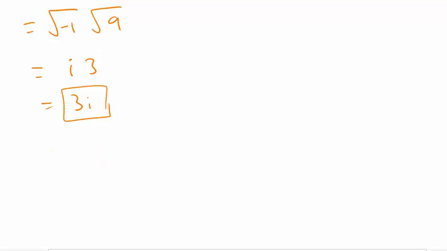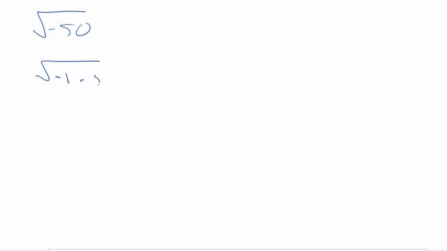So now, let's do something a little bit trickier. What is the square root of -50? We do the same thing. Square root of -50 is the same as square root of -1 times 50. We know 50 is even, so 2 goes into there. Let's take out a 2 from 50, and we get square root of -1 times 2 times 25, because 25 times 2 equals 50.